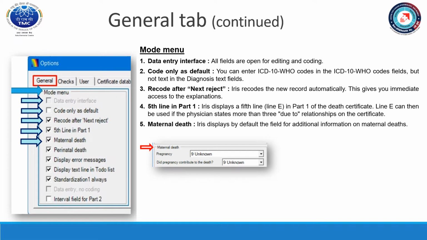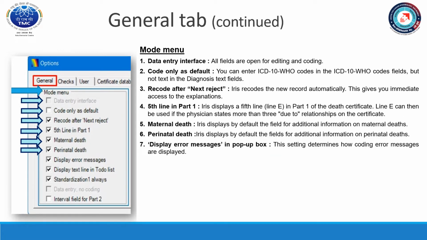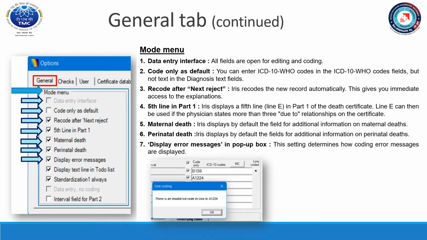IRIS displays additional information on maternal death and perinatal deaths by selecting the maternal death and perinatal death options. When the display error messages in pop-up box option is selected, this setting determines how coding error messages are displayed.